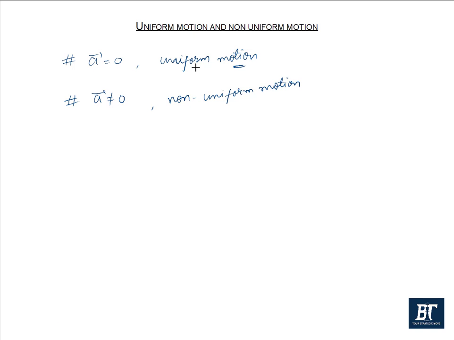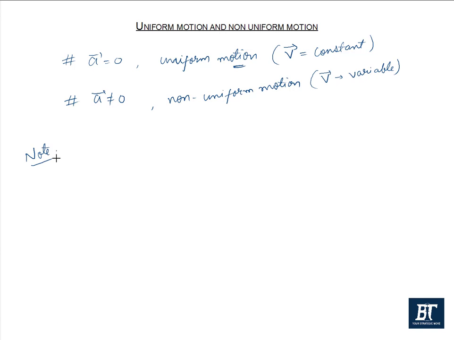Since the acceleration of the particle moving in a uniform motion is zero, so we can say that velocity of this particle will be constant, and for a particle moving in a non-uniform motion, its velocity will not be constant, or we can say that its velocity will change with time, or we can say that its velocity is variable.